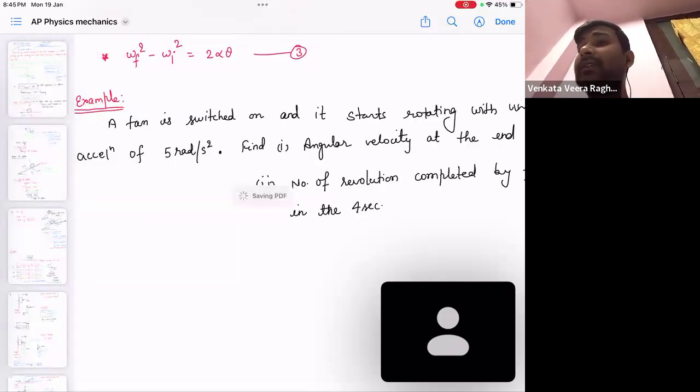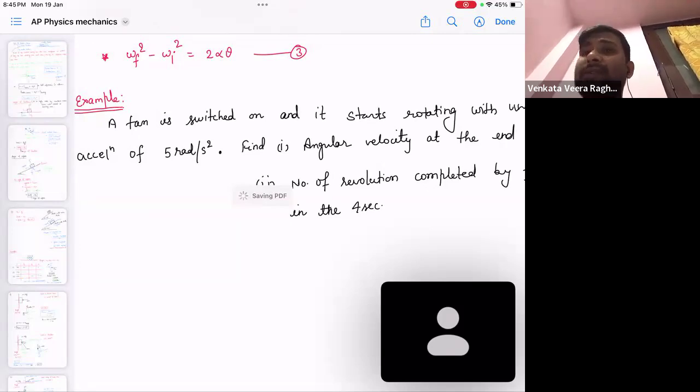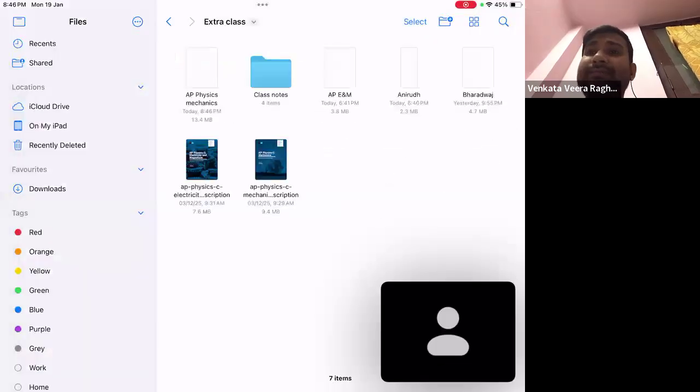Second one is number of revolution completed by fan in 4 seconds. So calculate the angular displacement. You will get it in radian. Convert the radian into revolution. So how do you convert revolution into radian?